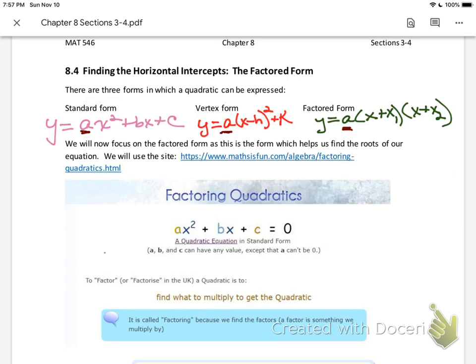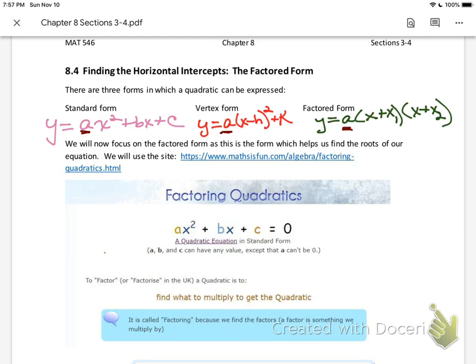If there's a positive in front of the a, it's concave up or facing up. So if there is a positive, your vertex will be at a minimum. If there's a negative, your vertex will be at a maximum.